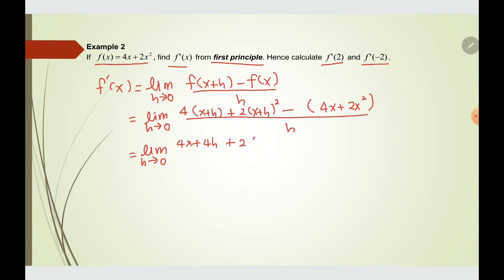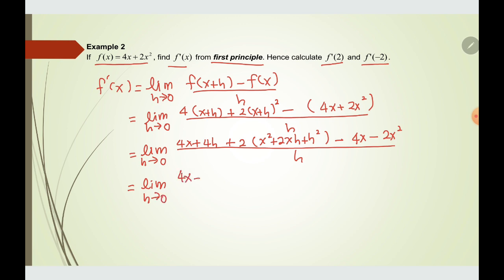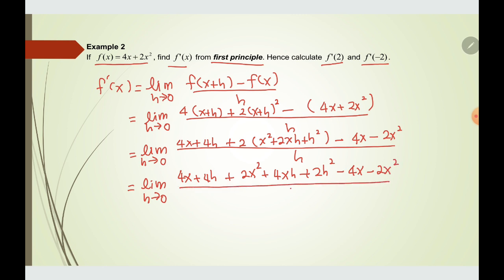So we got 2 times, in bracket, x squared plus 2xh plus h squared, minus 4x minus 2x squared over h. And then we have 4x plus 4h plus 2x squared plus 4xh plus 2h squared minus 4x minus 2x squared over h.